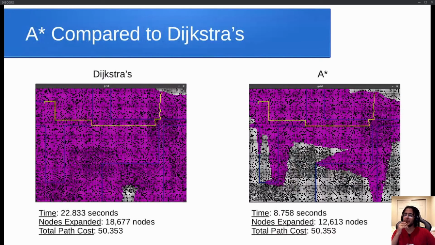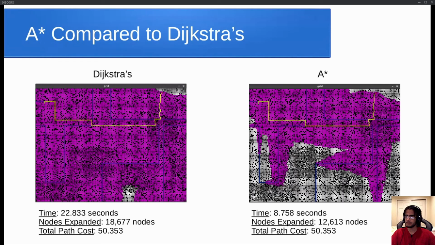All right, so a more high-level, big-picture view. This is why we would want to use an algorithm like A star and why this heuristic makes that big of a difference. On the left is the original example I had shown with Dijkstra's.